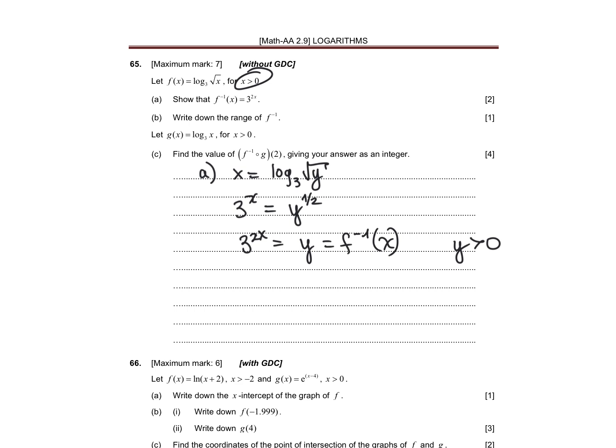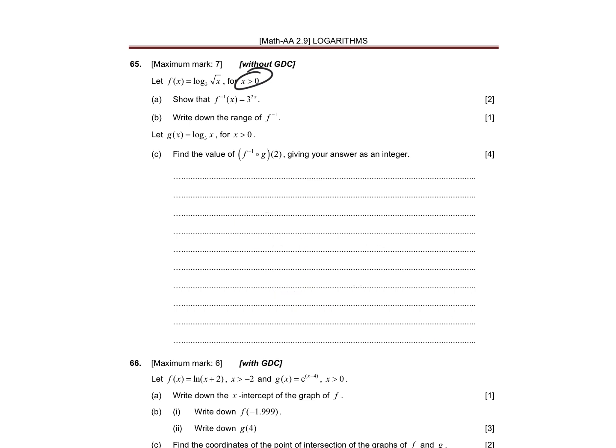Okay. So we have the inverse at g is 3 to the 2 log base 3 of x. And then we need to substitute 2 in there. So that's 3 to the log base 3 of 4.